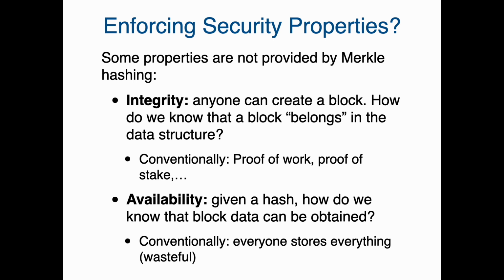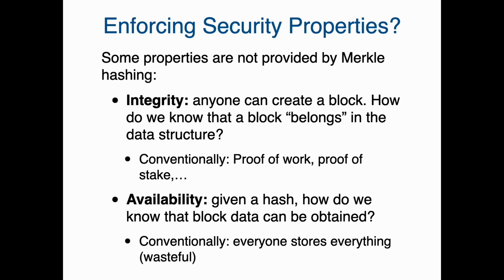And the conventional blockchain answer to this is you just replicate it to everybody. Everybody has a copy of the block. Now that's incredibly wasteful, right? That's a kind of quadratic scaling, which is not going to work for many systems.